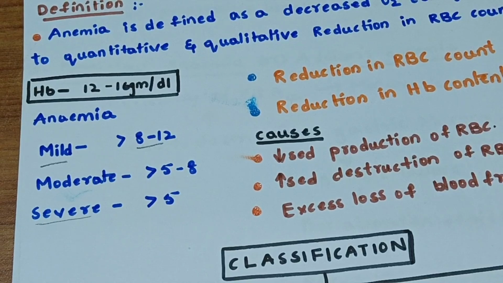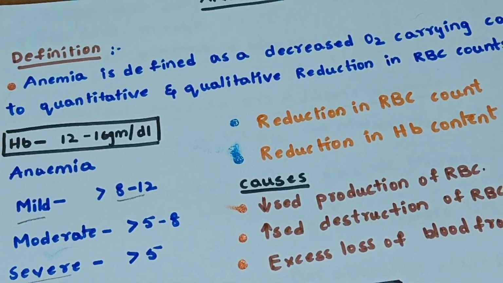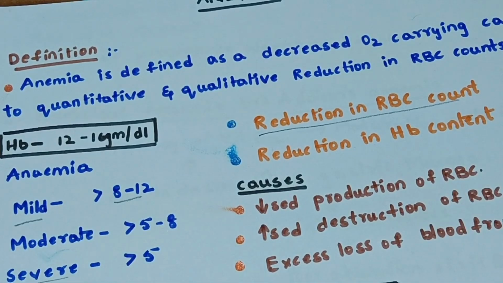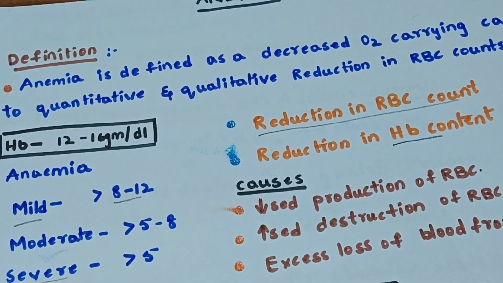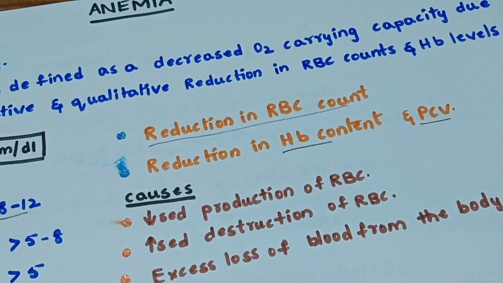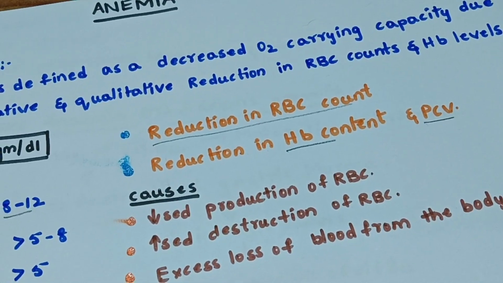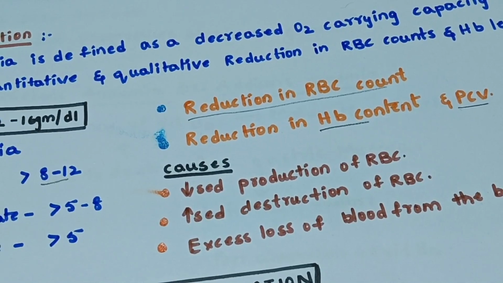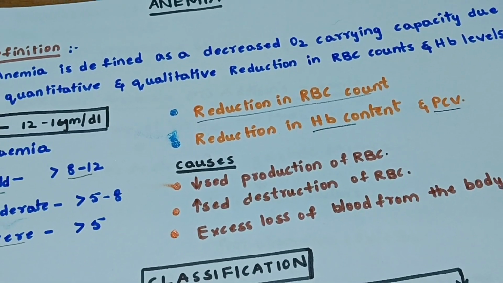So when there is a reduction in RBC count, or less hemoglobin content, or less PCV, packed cell volume, there will be a deficiency of oxygen carrying capacity.